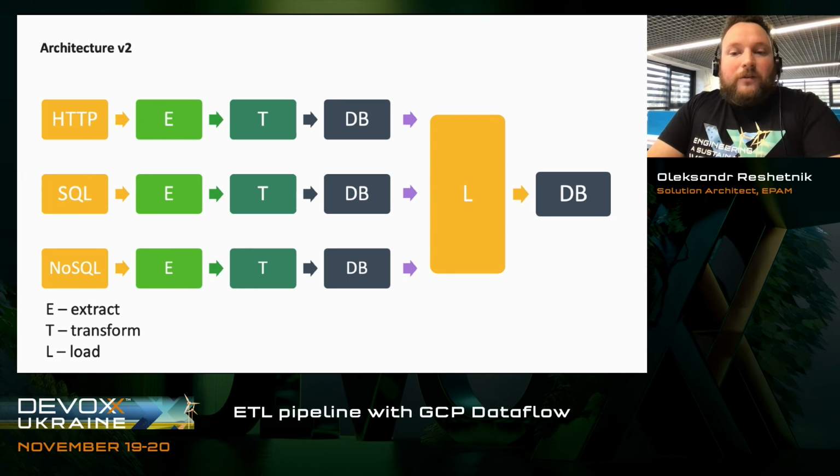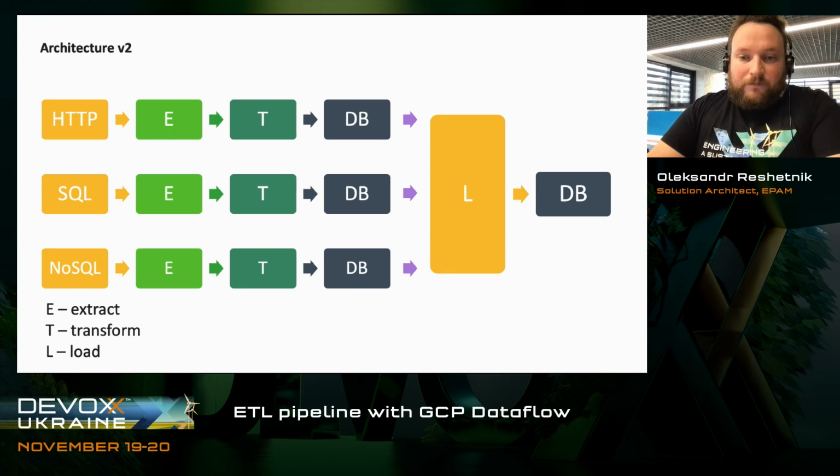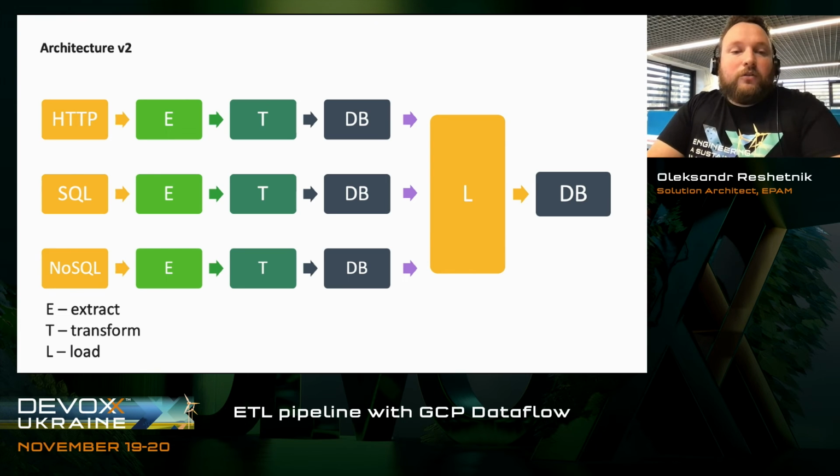Now we have different and isolated pipelines only from the original data source to intermediate storage. This pipeline depends on data source features. This pipeline is expected to be simpler than in the initial approach. In general, it's expected to write only one small transformation pipeline.